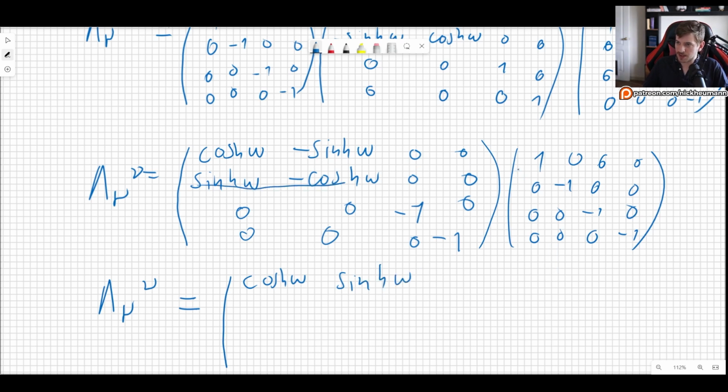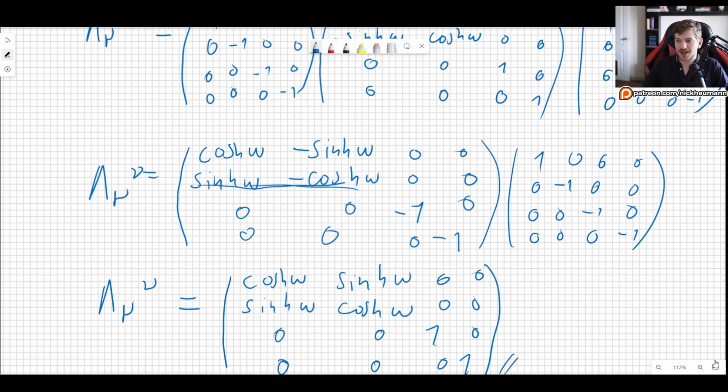Then we have this times 1, so we get sinh here as well. And then this times this, we get plus, so we get cosh. And then minus 1 times minus 1, so 1, 1. So this is what this matrix looks like explicitly, in case you ever feel the need to use it.